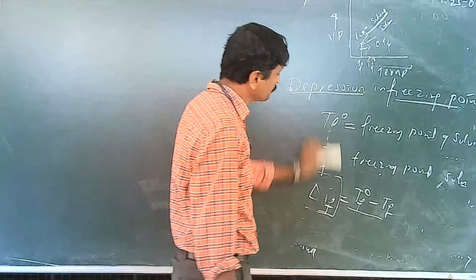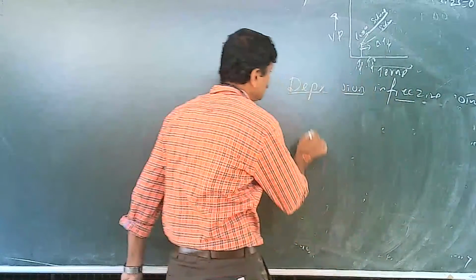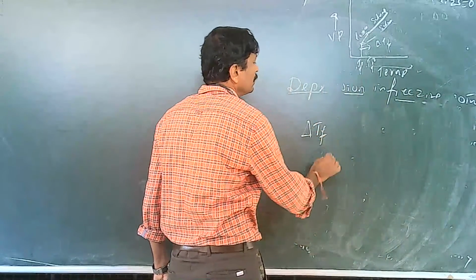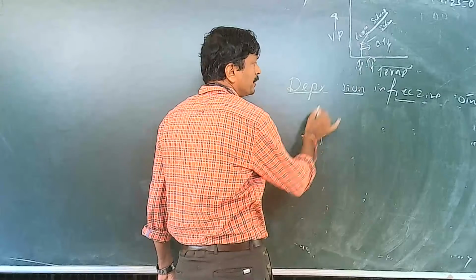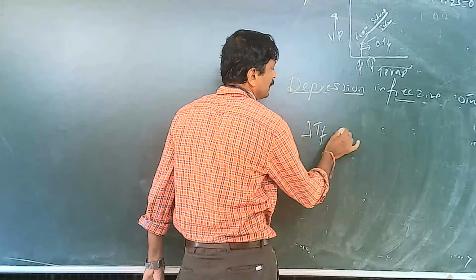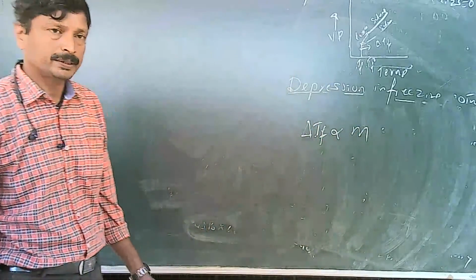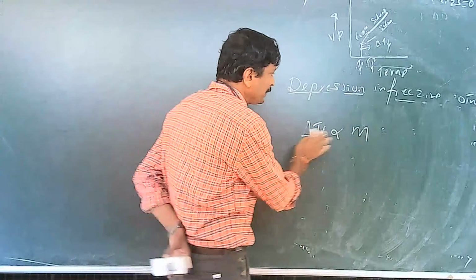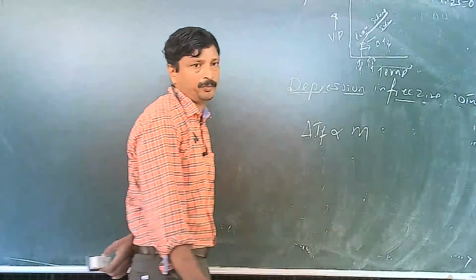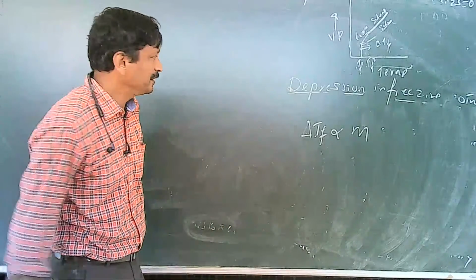What the experiment shows here also is that the depression in freezing point, delta Tf, is proportional to m. What is m? m is the molality of the solution. Already we have discussed.